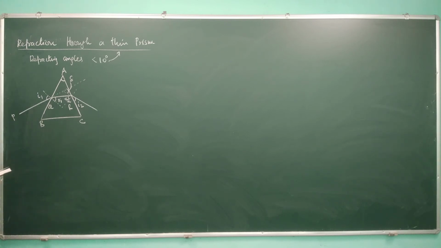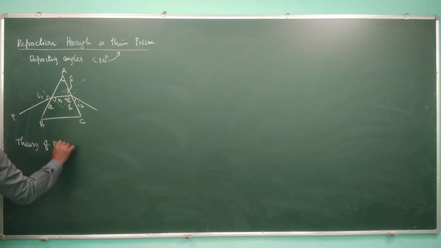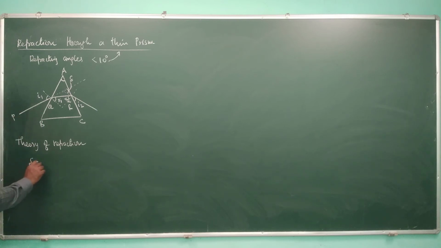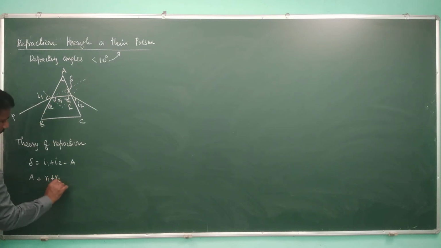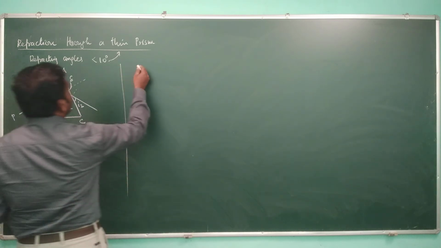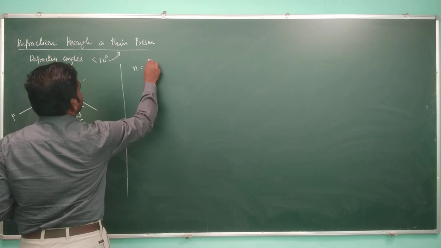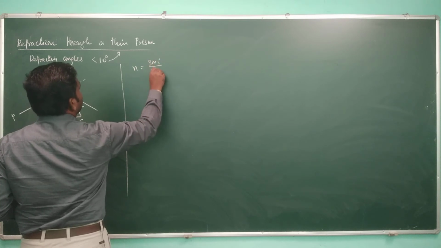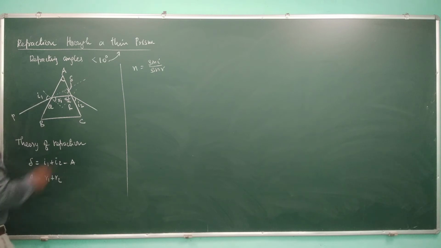Assuming this condition, from the theory of refraction, we can write the angle of deviation as I1 plus I2 minus A, where A is nothing but the summation of R1 plus R2. But we know the equation for refractive index n, which is sin i by sin r.